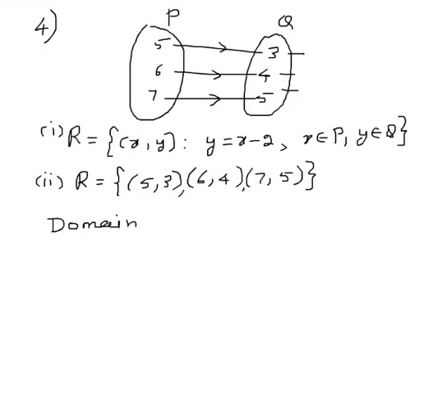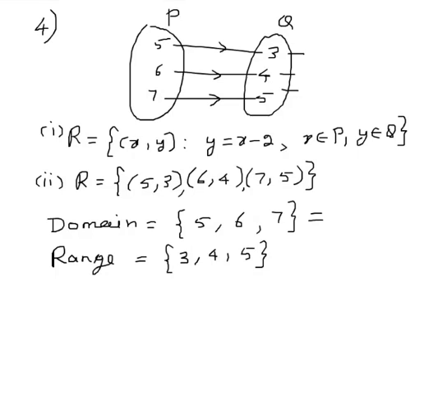We know that the domain is set of all first elements 5, 6 and 7. Let us write the range. Set of all second elements 3, 4 and 5. This domain is P set and range is Q.